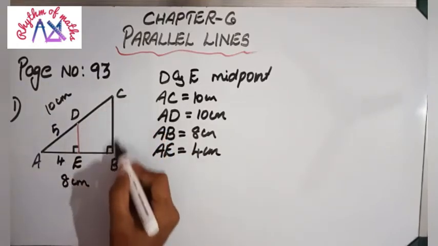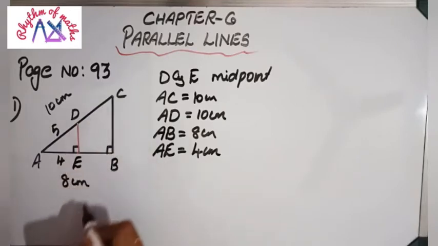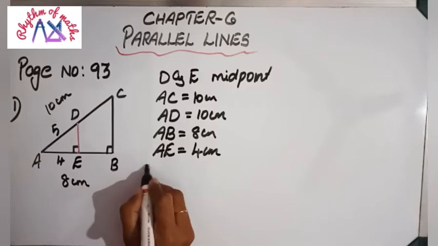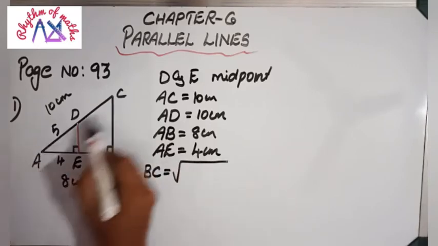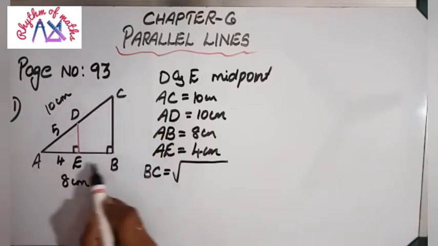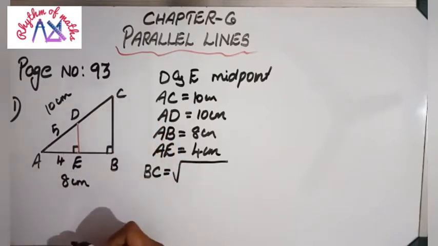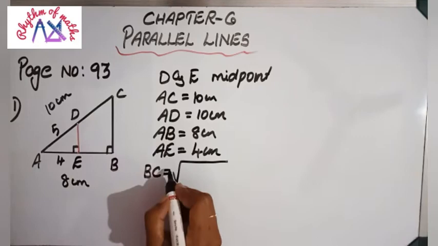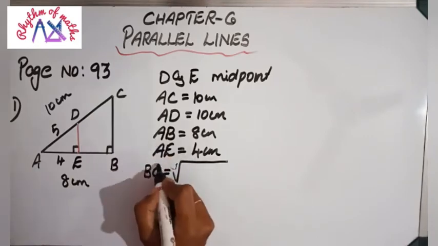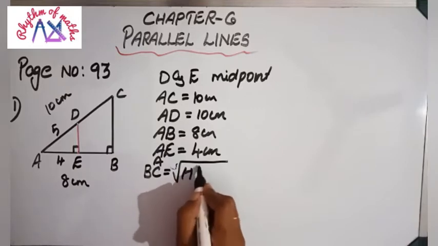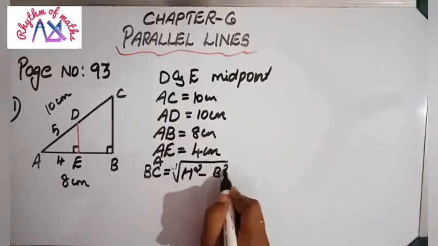Now we want to find the third side of the larger triangle, that is BC. Here we can apply Pythagoras theorem. Here AC is the hypotenuse and AB is the base. BC is the altitude. So in order to find the altitude, altitude equals square root of hypotenuse square minus base square.